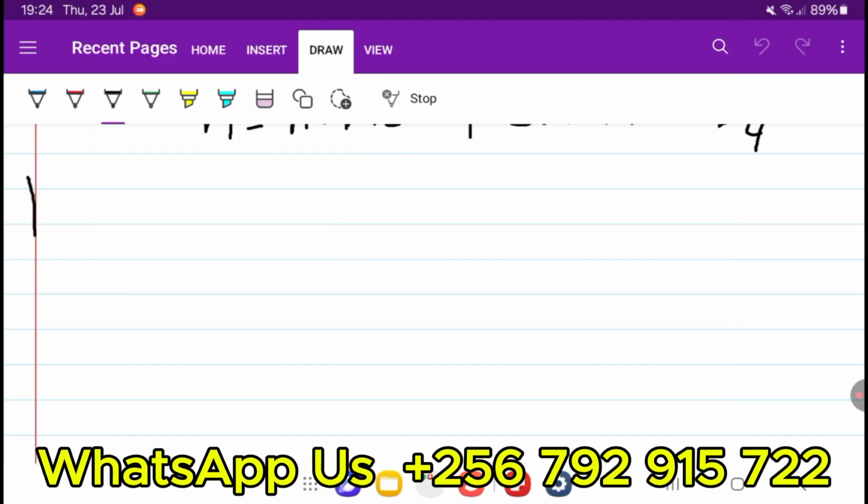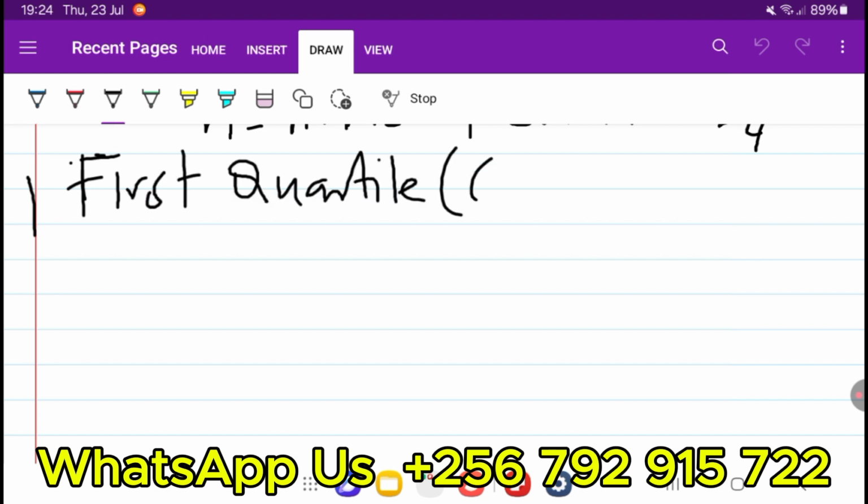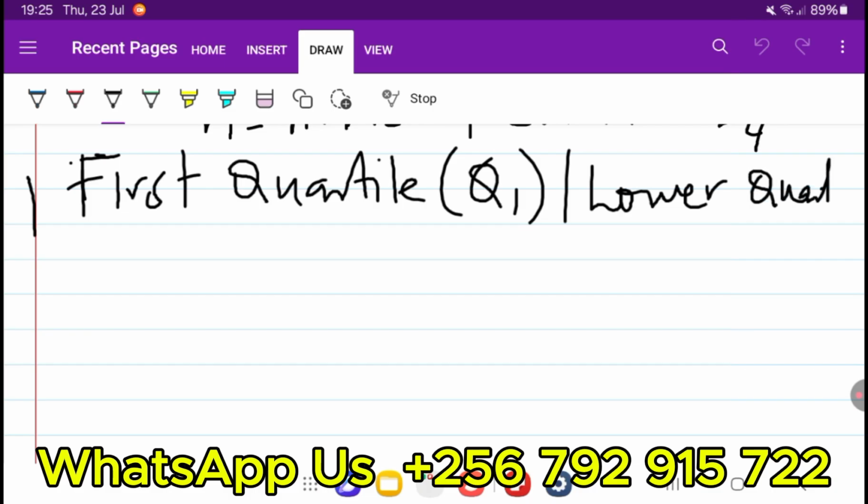So the first quartile, that is Q1, you can call it first quartile or lower quartile. Either way, you will be right.